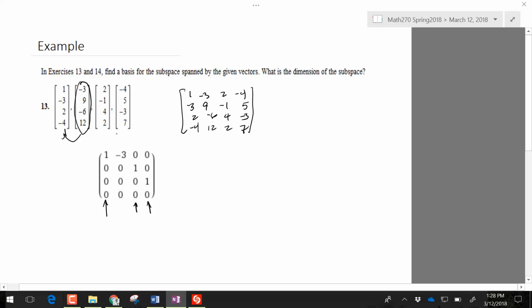But the other 3 are independent. So we can say that these 3 vectors, if we call this vector v1, v2, and v3, so v1, v2, and v3 form a basis for the subspace.